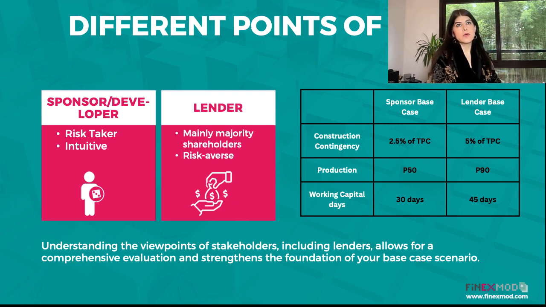In terms of the point of view of these two stakeholders, sponsors and developers are known to be risk takers and are known to be very intuitive people. And I found this very interesting. Working with sponsors and working for sponsors made me understand the mentality of these people. I mean, it's very interesting to see how intuitive they are.